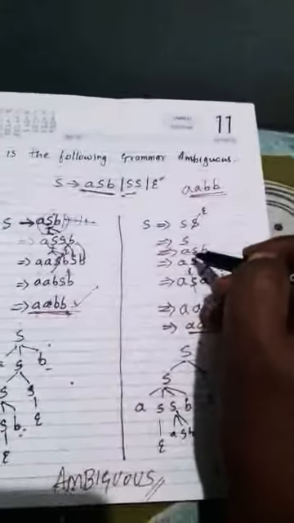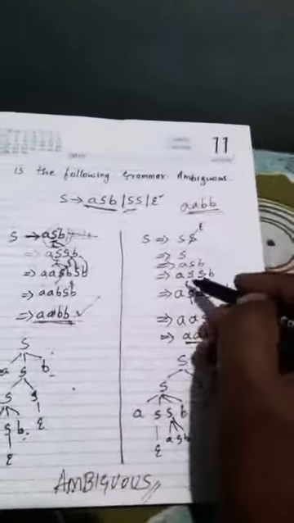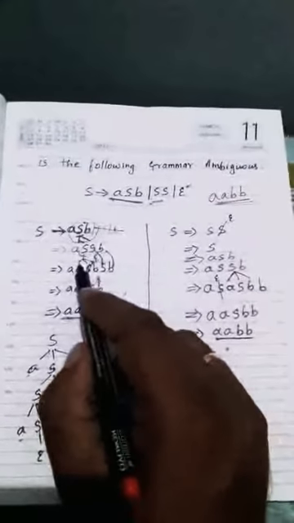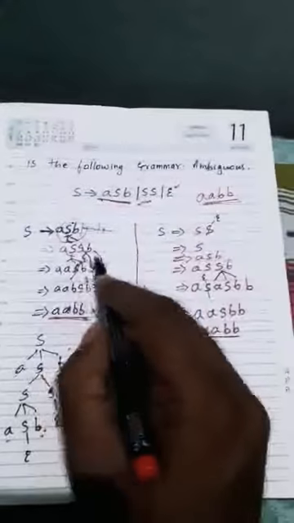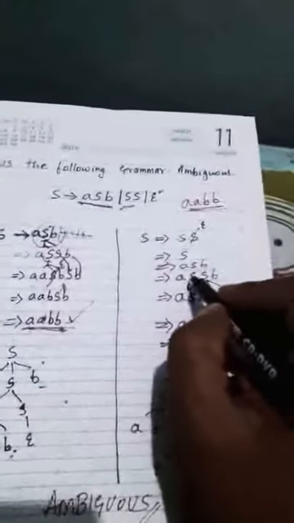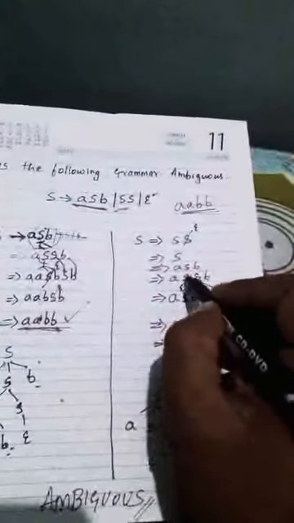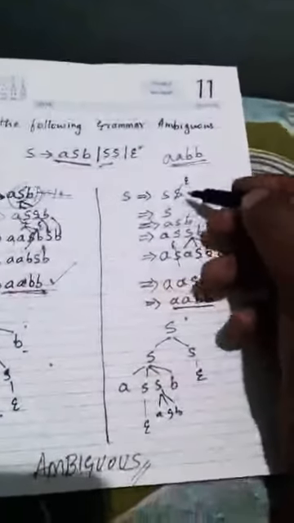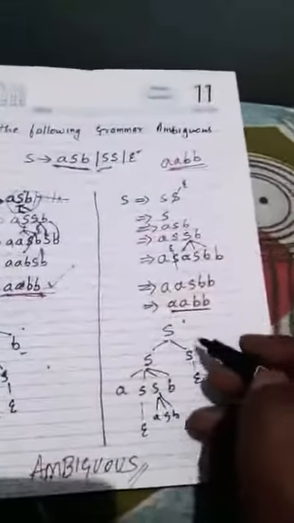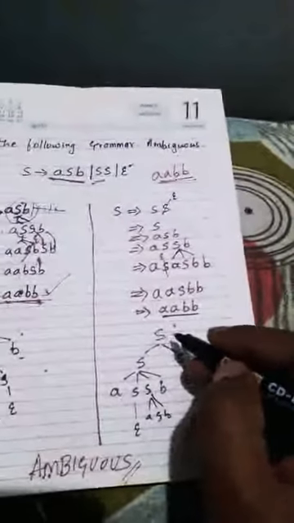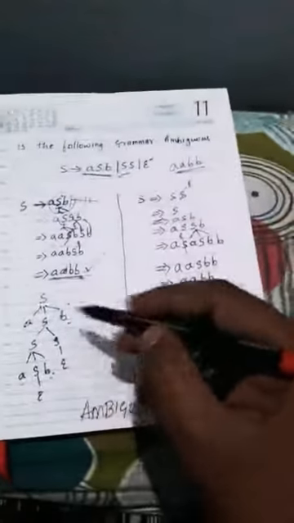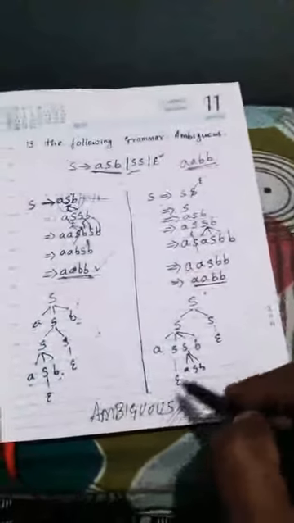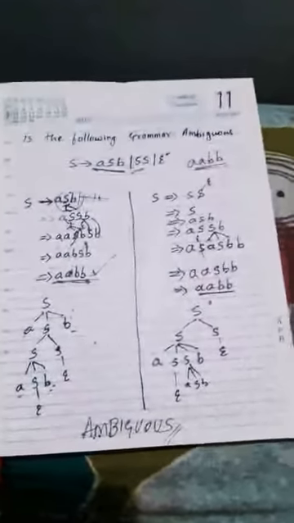Then this S can be replaced with double S, where first S I replaced with ASB and second was epsilon earlier, but here I am doing the reverse: first S I replace with epsilon, second one with ASB. So obviously when I reach AABB, the derivation tree is different from the one I got here. So we say it is ambiguous.